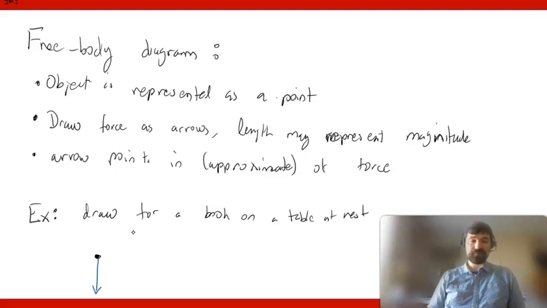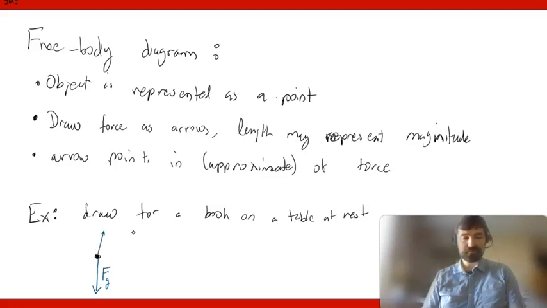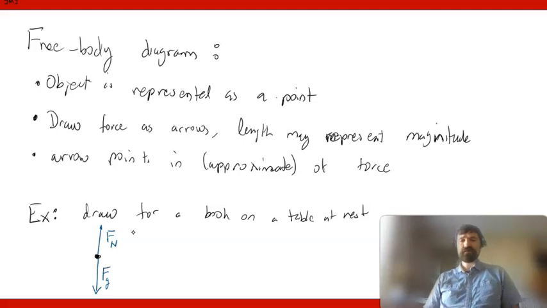We could label this as Fg or mg. And then there's also a normal force from the table. The normal force would be like this. Some people would just write an N for normal force here. That doesn't especially matter. But this right here is a very simple free body diagram.